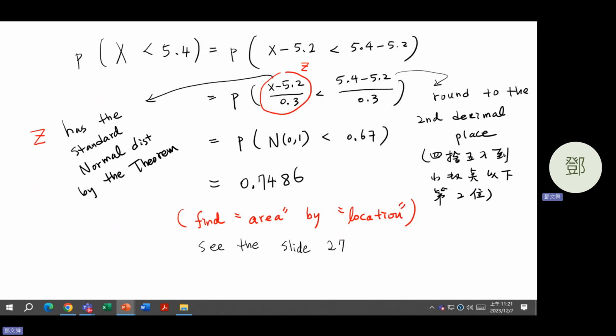So let us replace the expression by N(0,1), and smaller than, what is the value of the fraction?